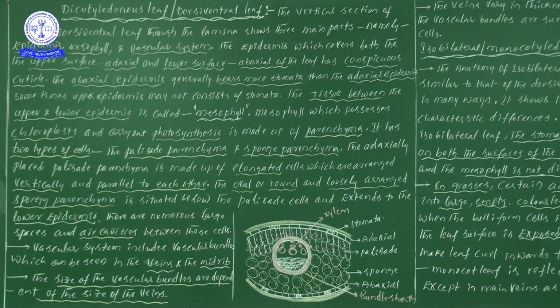Likewise, dorsal side and ventral side we can see in a leaf also. Both are differentiated, and if both sides are differentiated, such a leaf we take as a dorsiventral leaf.